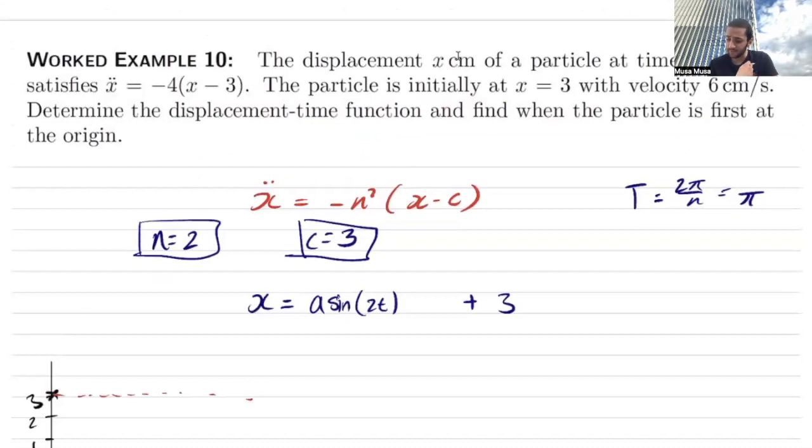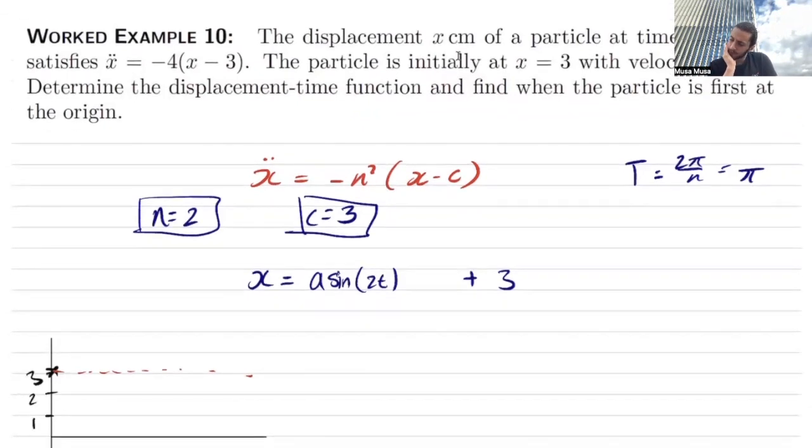Determine the displacement time function and find when the particle is first at the origin. Now, what else can we do? How can we find A?